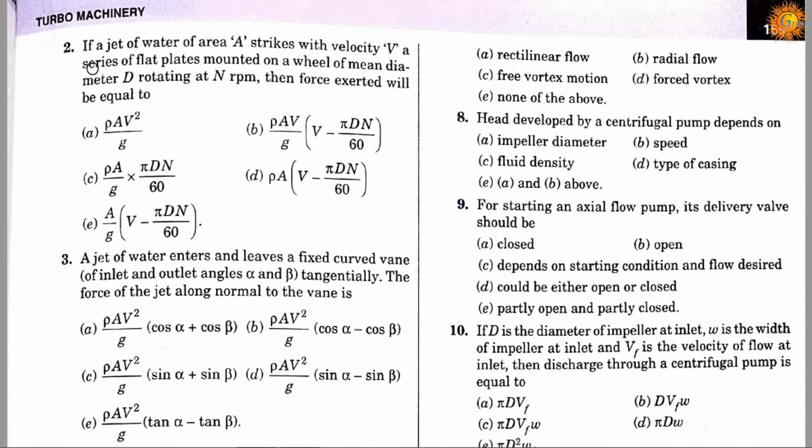Question number 2. If a jet of water of area A strikes with velocity capital V a series of plates mounted on a wheel of mean diameter capital D rotating at capital N RPM, then the force exerted is equal to option A, rho AV square divided by g.